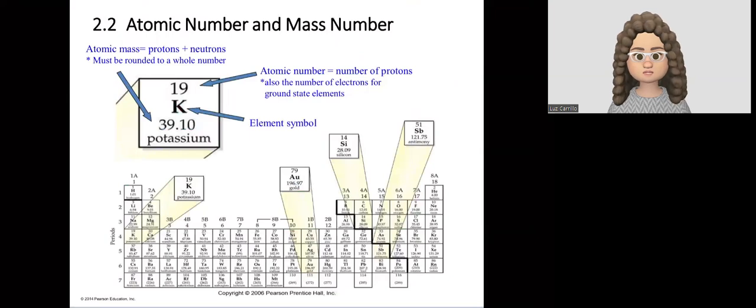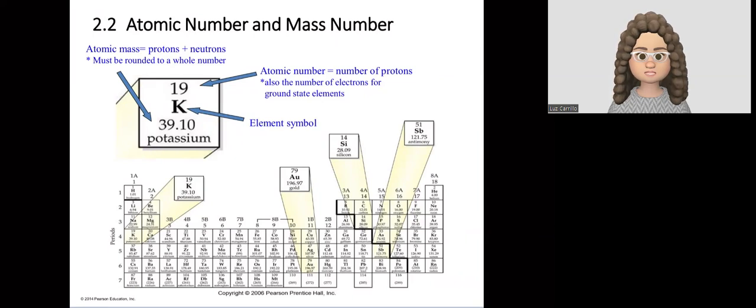In section 2.2, we can observe how, if we look at the information given in a box for the periodic table, we can derive what the protons, neutrons, and electrons are for any atom. As we can see in the example here for element 19, in other words, potassium, which has the symbol K, many periodic tables are going to have this information.